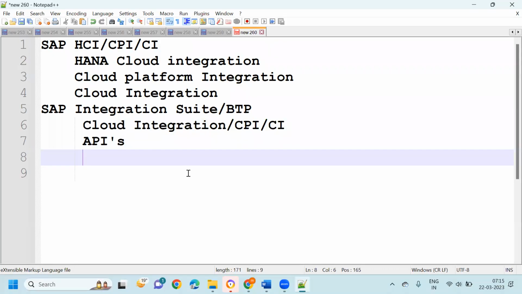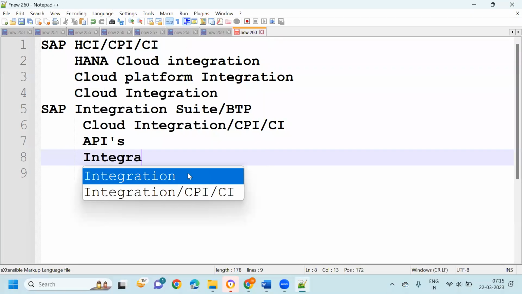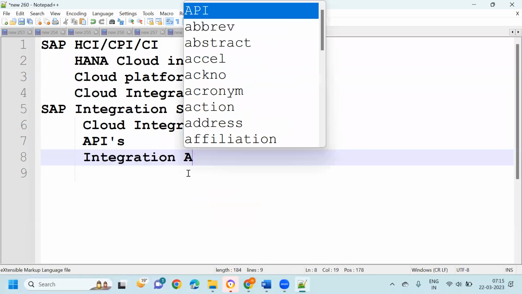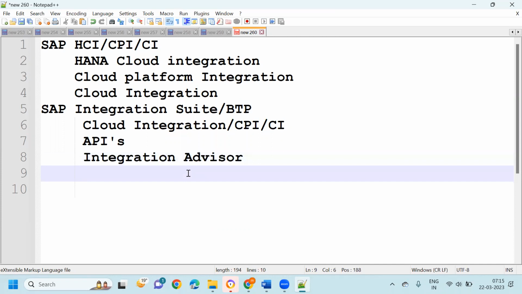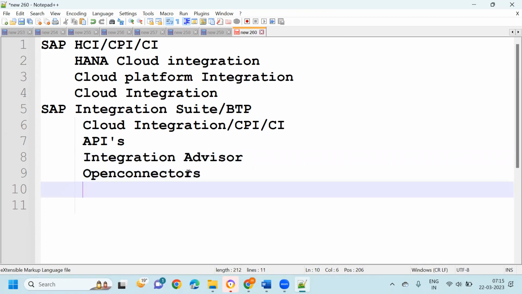Next, we can see Integration Advisor also. Next one is Open Connectors. Next, we have TPM, Trading Partner Management.